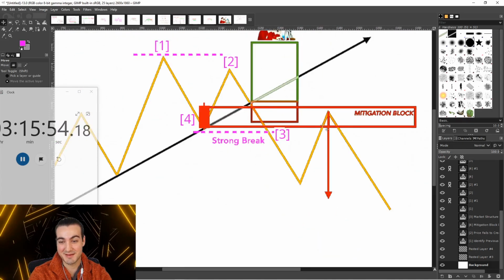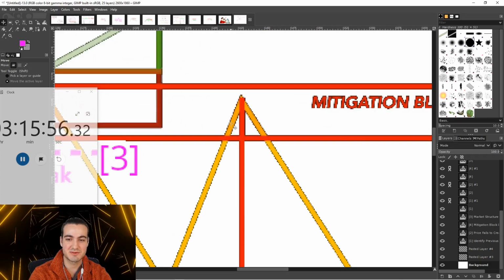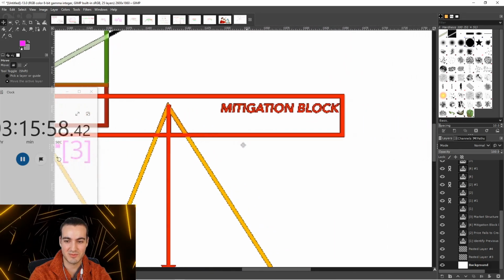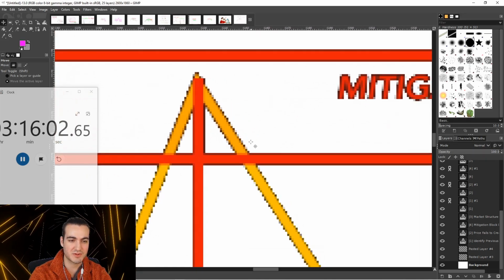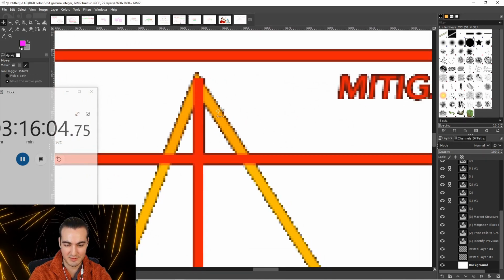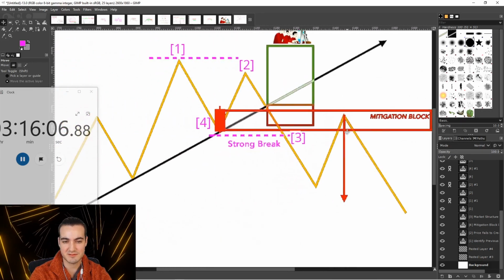But yeah, anyways, and then we can look at price returning to the mitigation block as a possible short entry if we wanted to look at a lower time frame, to see if there's any pattern playing out.